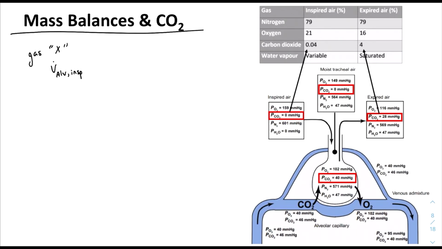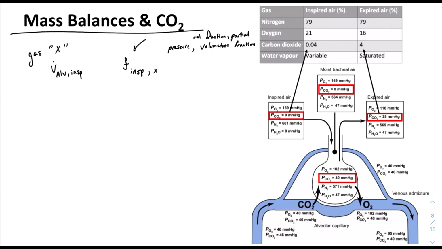In that chunk, some fraction of that inspired breath would consist of X. We're going to use F as the fraction. F as a fraction corresponds to mole fraction, partial pressure, and in this case, volumetric fraction. This would be F inspired with regards to gas X.